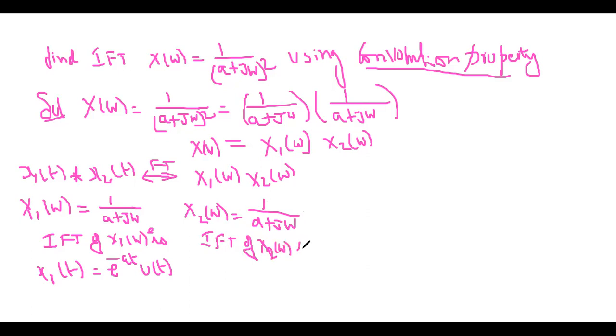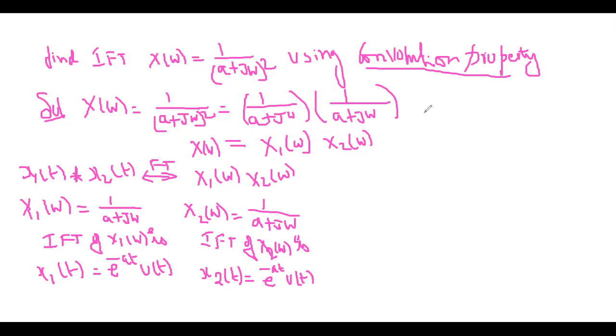For this frequency domain function converted to the time domain function, x2 of t is equal to e power minus at mu of t. Both we got e power minus at mu of t. But we need the x of omega with the multiplication factor of x1 and x2. Using the convolution property, how to find out the inverse Fourier transformation of x of omega.